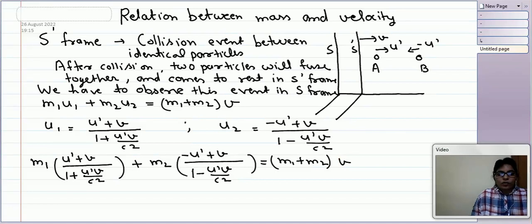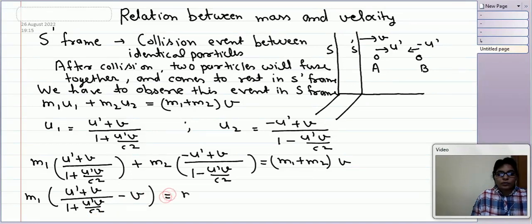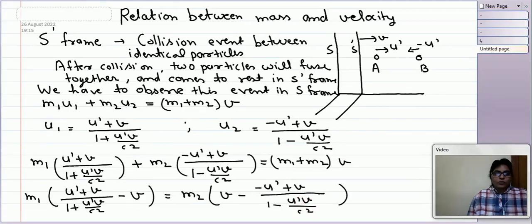Now we will collect all the terms of m1 on the left hand side and m2 on the right hand side. So it will be m1 times u dash plus v divided by 1 plus u dash v by c square minus v, equal to m2 times v minus u dash plus v divided by 1 minus u dash v by c square. Now we have to solve this, so let us go to the next page.